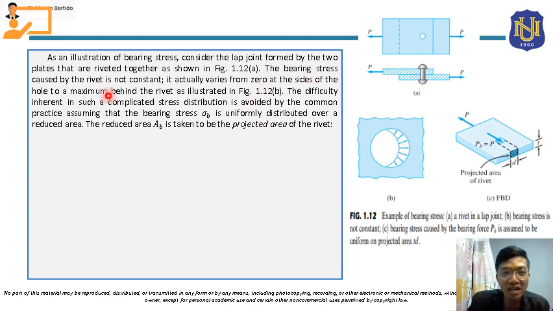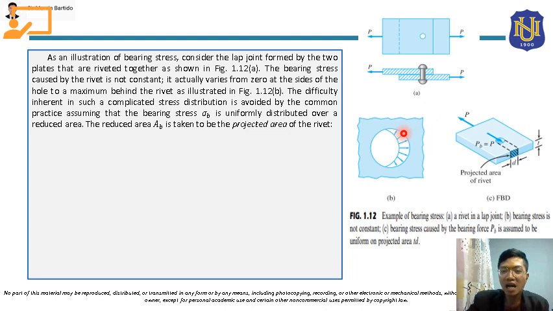The bearing stress caused by the rivet is not constant. It actually varies from 0 at the sides of the hole to a maximum behind the rivet, as illustrated in figure 1.12b. Again, if we push this plate towards this direction, this side of the hole will be pressured by the rivet because of the contact between the rivet and the plate.